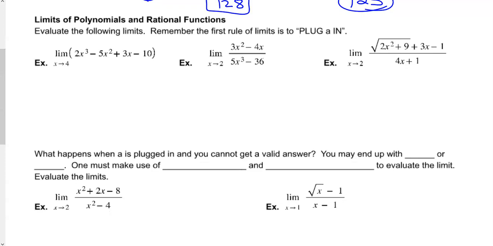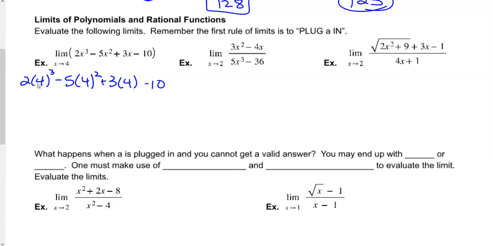Okay, so if I end up throwing in the a value to each one of these, in a sense it's like we're evaluating that function value at a. So if I plug 4 in for every x that I see for this function, I need to do 2 times 4 cubed minus 5 times 4 squared plus 3 times 4 minus 10. And so, from here, it's order of operations. It's not calculus. That was the calculus part.